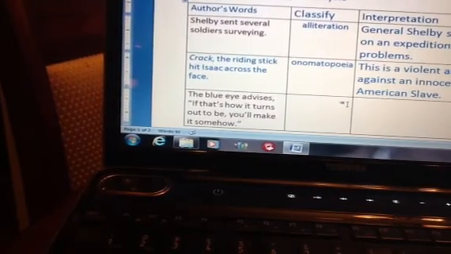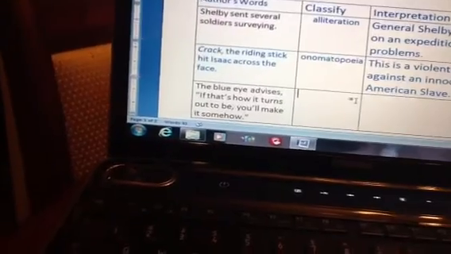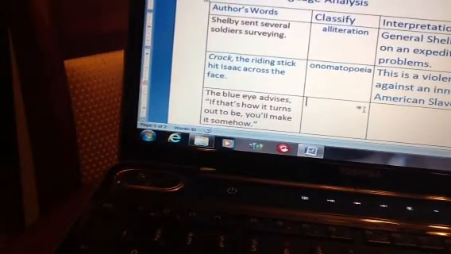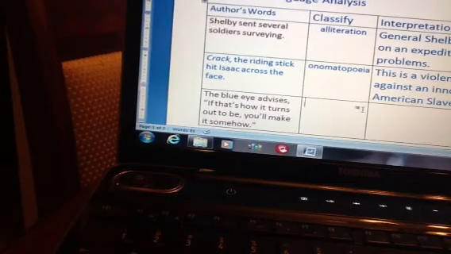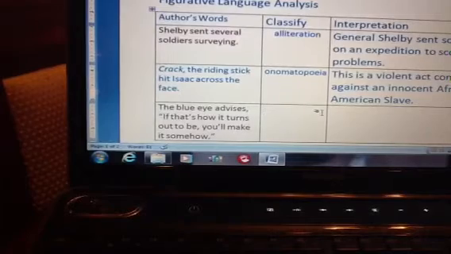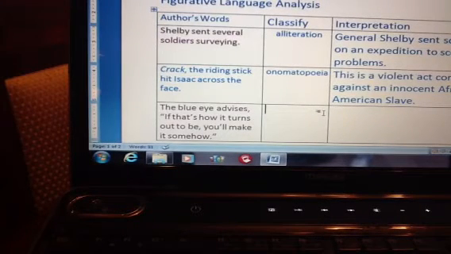That's my interpretation. When I look at those words, we know that an eye cannot advise, but this author has chosen to use personification to help us understand what's going on with Tyler and Bigger.